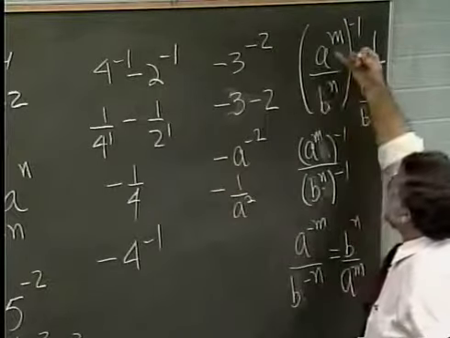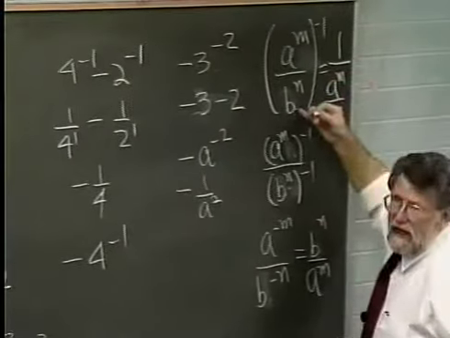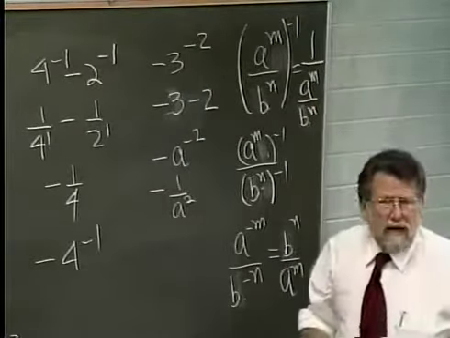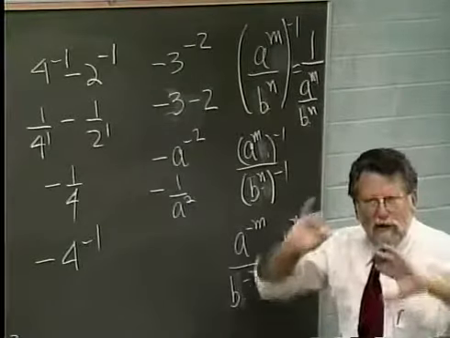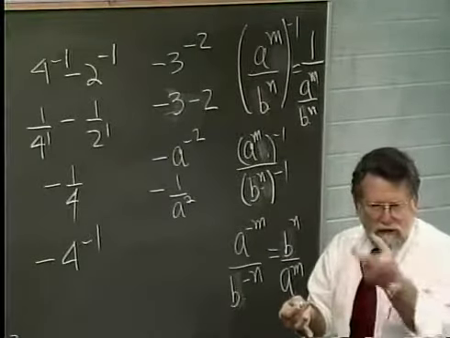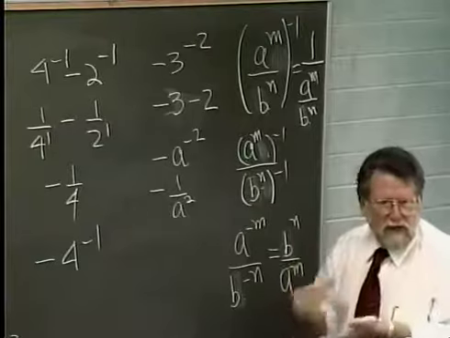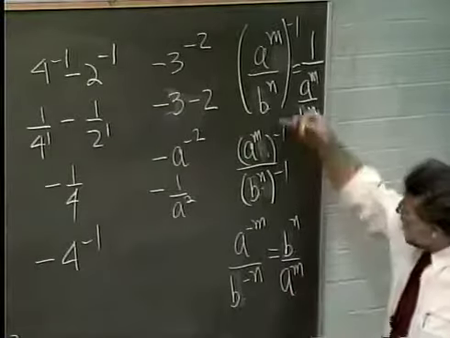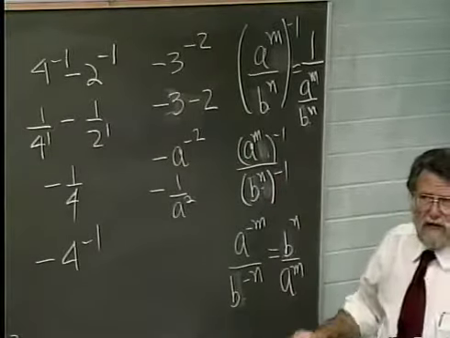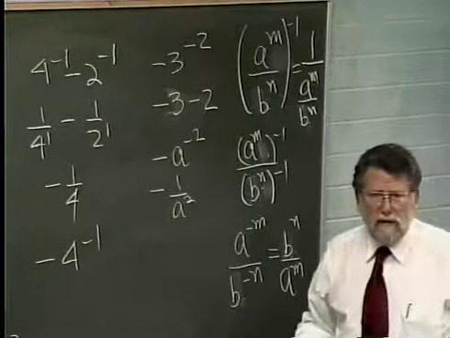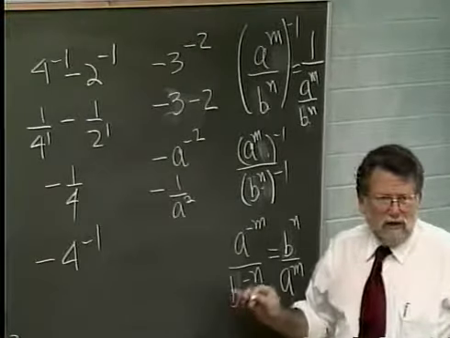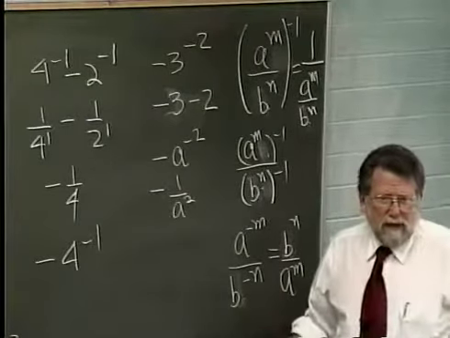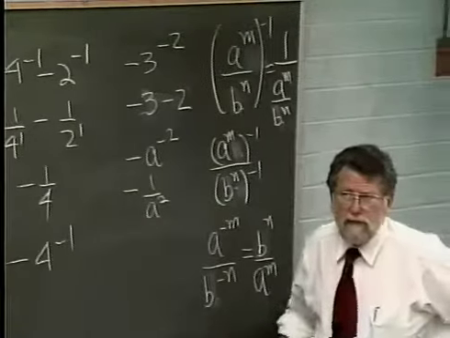So if I had this expression, a to the m over b to the n to the minus 1, it would say take the reciprocal. And how do you do a reciprocal? Turn upside down. I think that's what Michelle was noticing. You're turning something upside down. But if you're going to try to defend it, you can go through little operations like this and consider that a kind of argument. This either is convincing or confusing, depending on how comfortable you are with the notation.